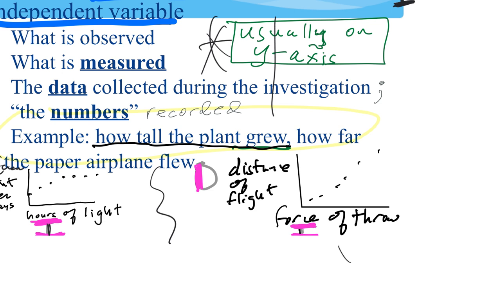It should go on the x-axis, and how far the airplane goes, or it could be a baseball, how far it goes with that force depends on how hard a force I apply. So the distance that the baseball achieves is the dependent variable, whereas the force that I put on the ball is the independent variable.